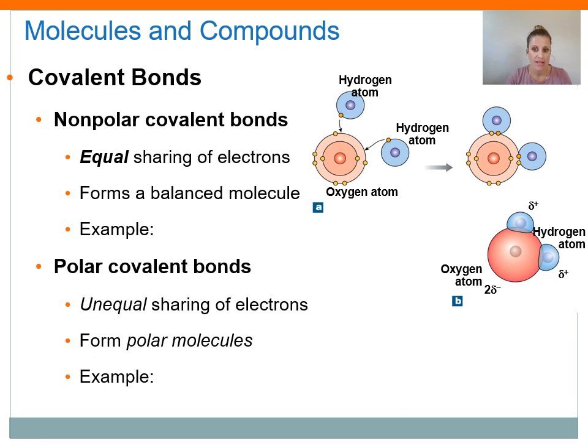So that creates a polar molecule. Parts of it are kind of negative. That's what this delta sign right here means, partial. So there are 2 partial negatives over here. And then each of the hydrogens is like a little positive zone. So there's a partial positive over here by this hydrogen and a partial positive over here by this hydrogen. So water is polar. It has partial charges present.